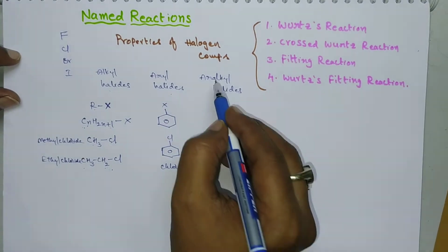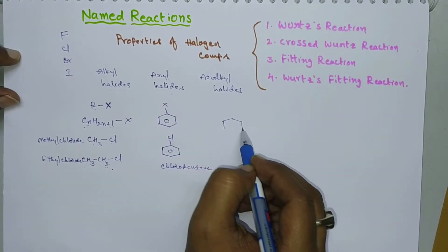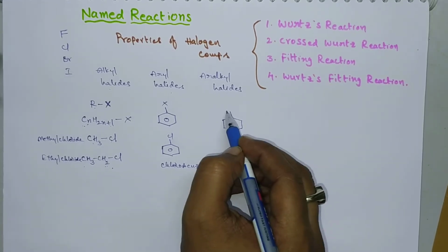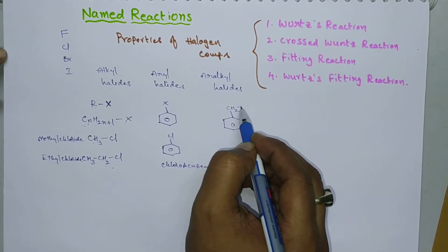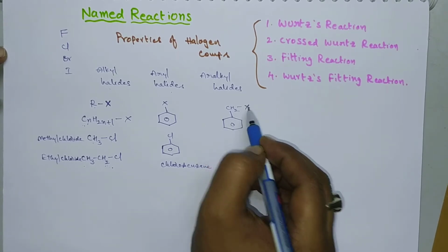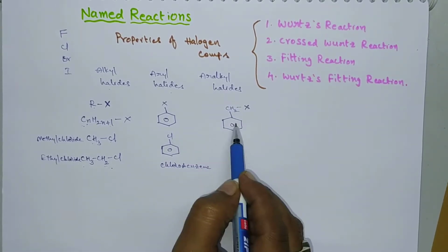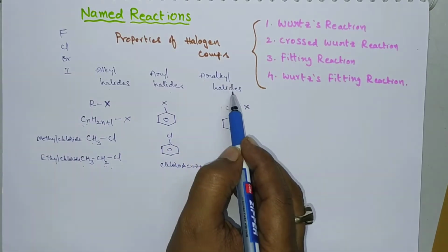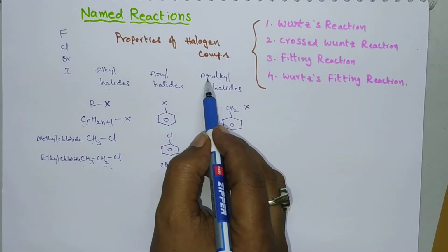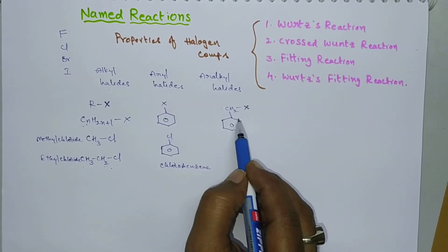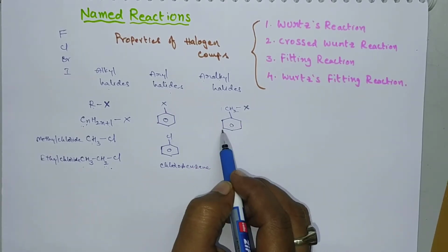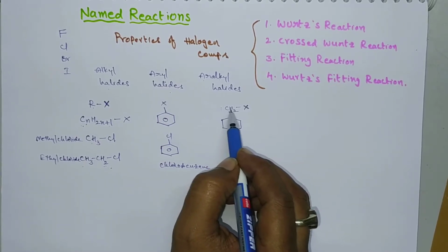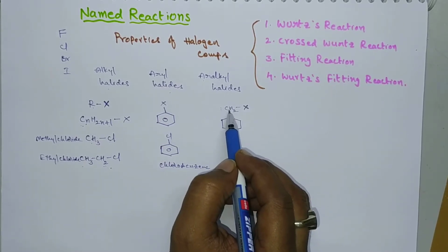Next, aralkyl halides. Aralkyl halides means the halogen is attached to an alkyl group present on an aromatic ring. The general formula is aryl plus alkyl plus halide. The aryl group, that is the aromatic ring, is there, and the alkyl group, that is an aliphatic carbon chain, is there, and the halogen is attached to that aliphatic carbon chain.